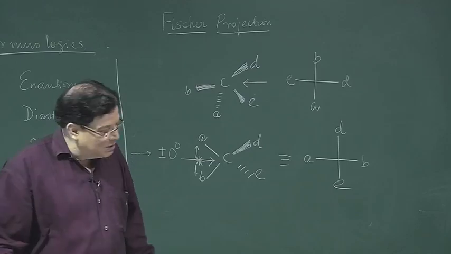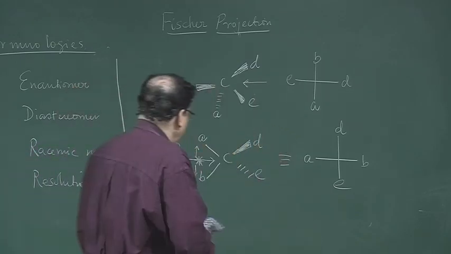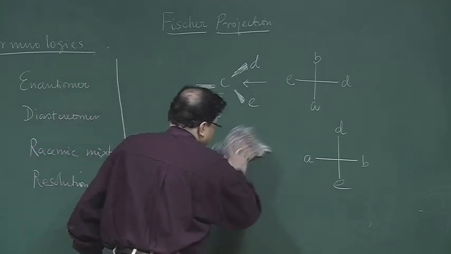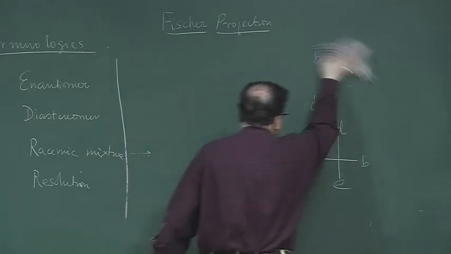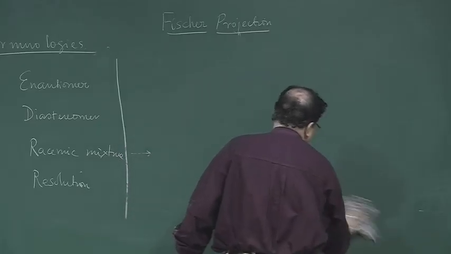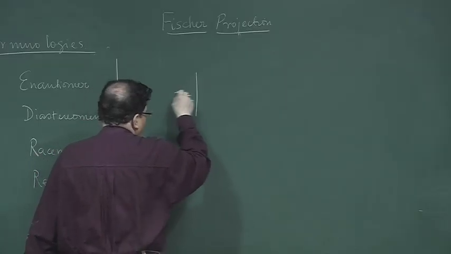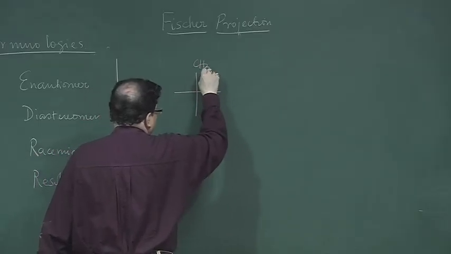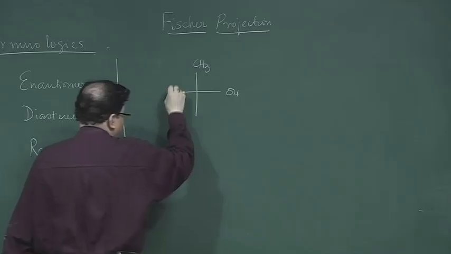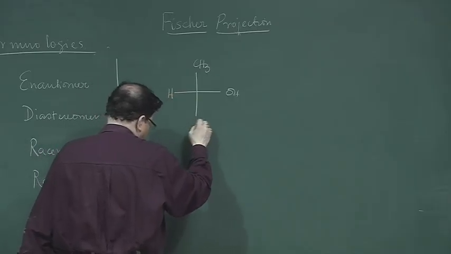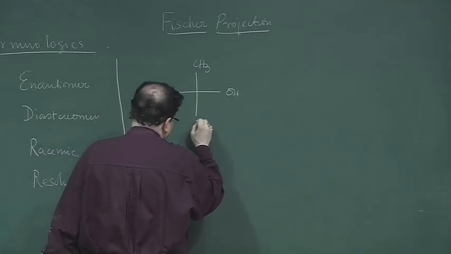Okay. Now, this Fischer projection formula has certain restrictions. Restrictions means you cannot just rotate the formula at your will. Suppose you have a Fischer projection formula where there is a methyl, a Wedge, a hydrogen, and an ethyl group.